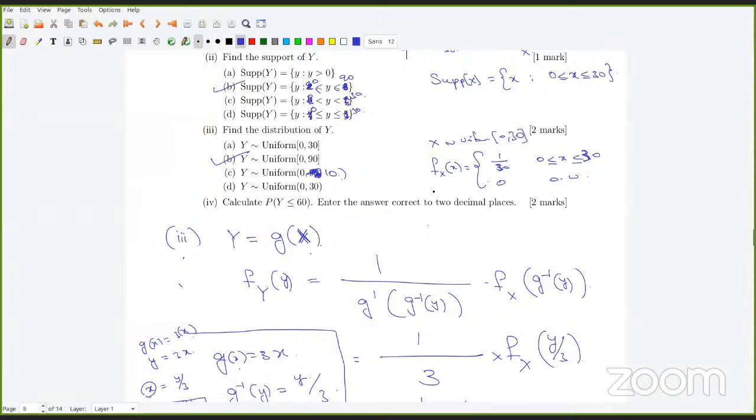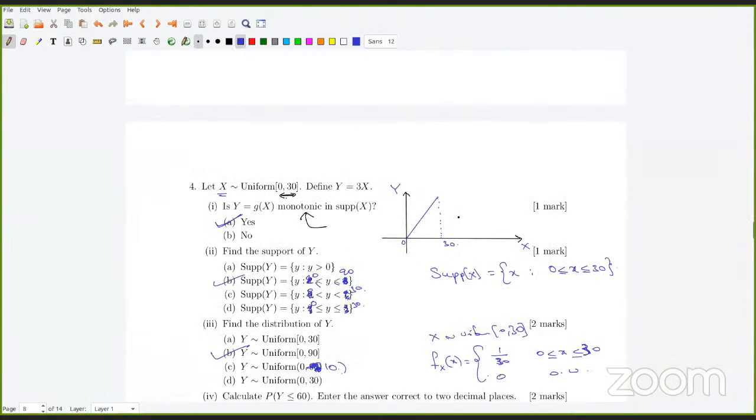So if it is 3x plus 5, the support will go from 5 to 95. Yes, it will be in the interval 5 to 95, but it will be uniform.